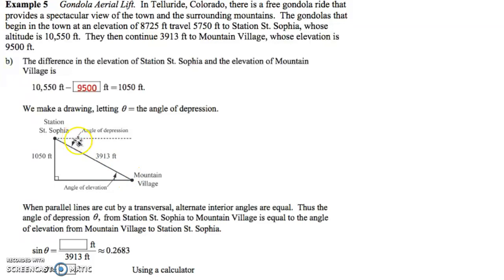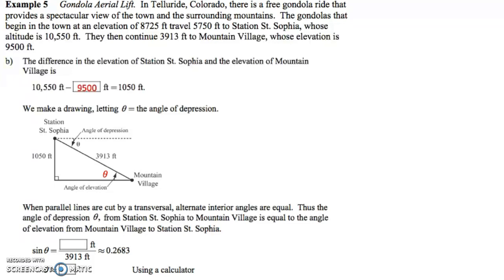So this particular angle, as we're going down the mountain, is our angle of depression. However, based on what we know about transversals and alternate interior angles, I know that this angle of depression is equal to the angle of elevation from the viewpoint of the mountain.